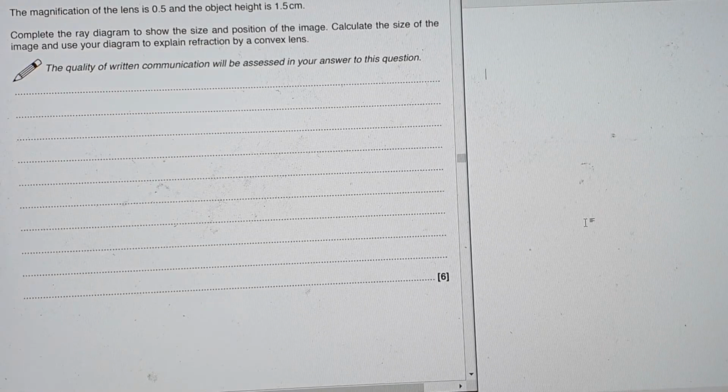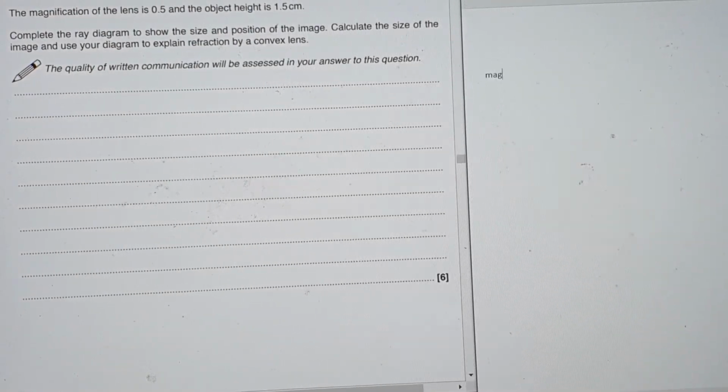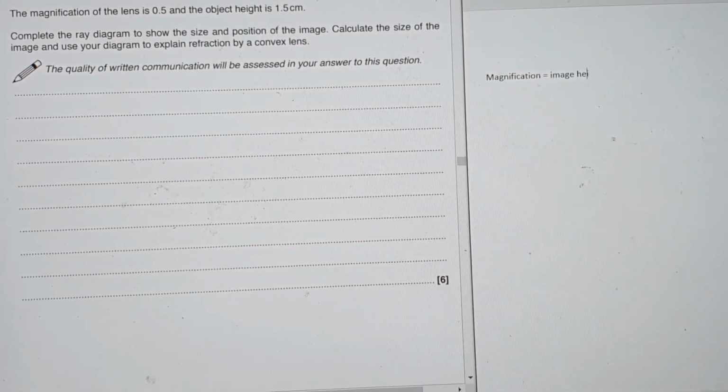All right, so now comes the calculation. You've got the magnification of the lens is 0.5 and the object height is 1.5. What is the size of the image? So the magnification is equal to the image height divided by the object height.